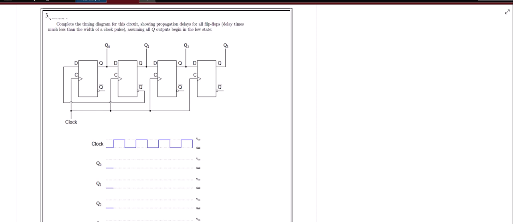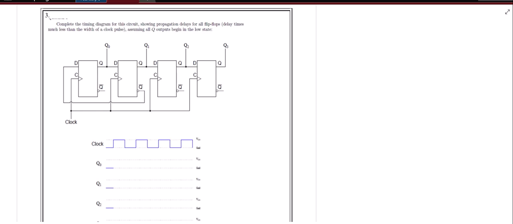So before, we were saying things happened exactly on the clock edge. Well, they don't happen exactly on the clock edge. They happen a little bit before that, a little bit after that. So let's see what we have here. Assume all Q outputs begin in the low state.